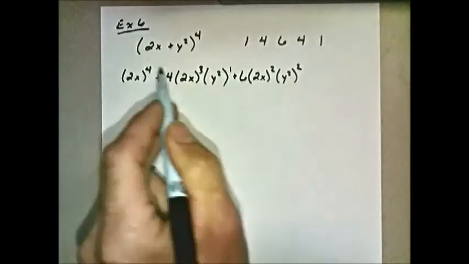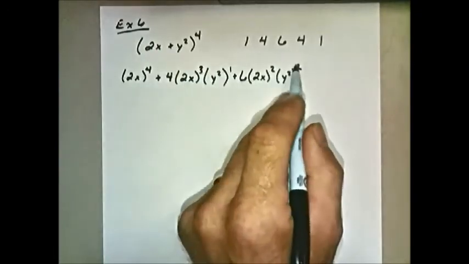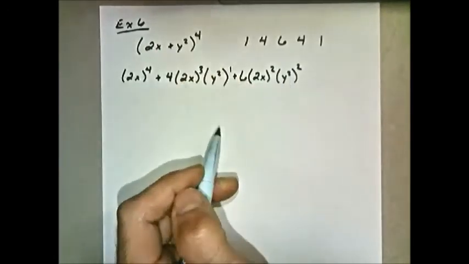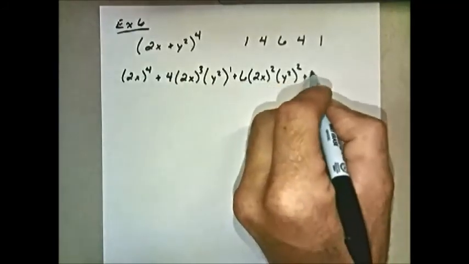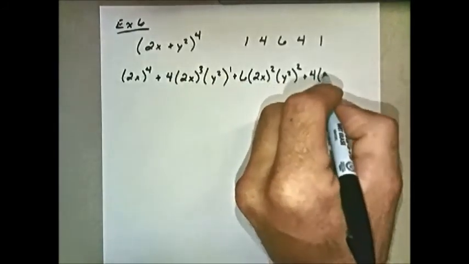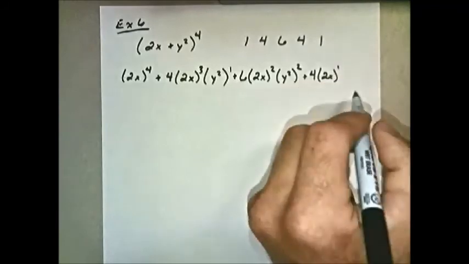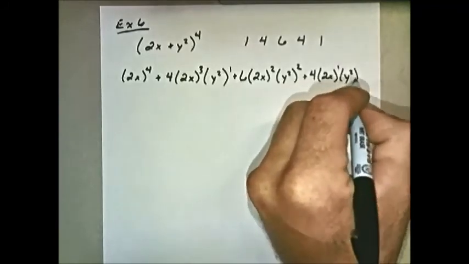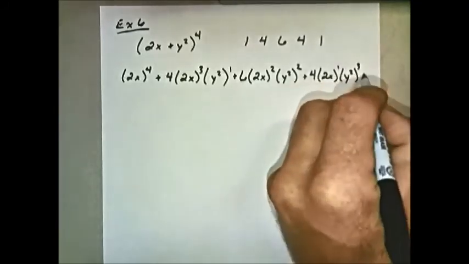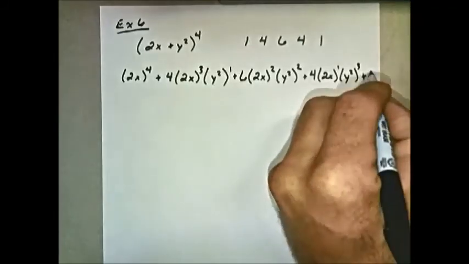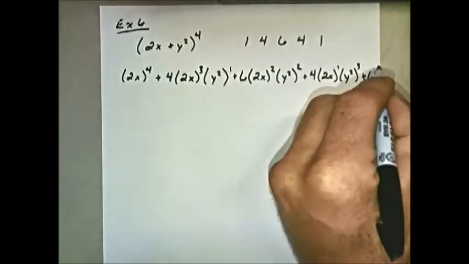Notice again, our exponents are always adding up to being the exponent we started with, which is 4. Plus 4 times 2x to the first and y squared to the third. Finally, y squared to the fourth.